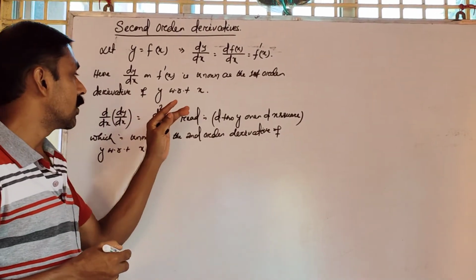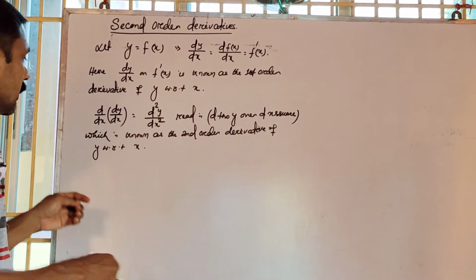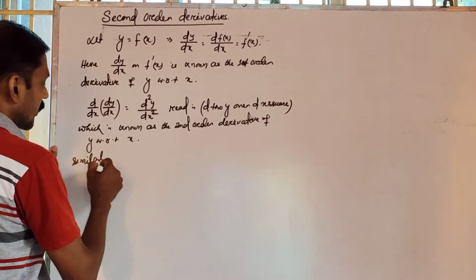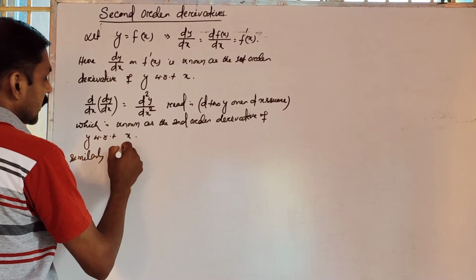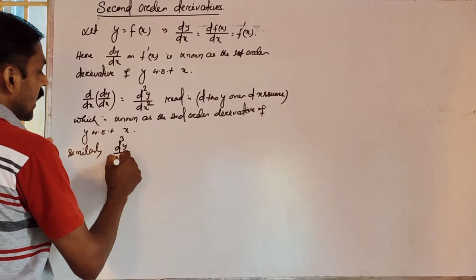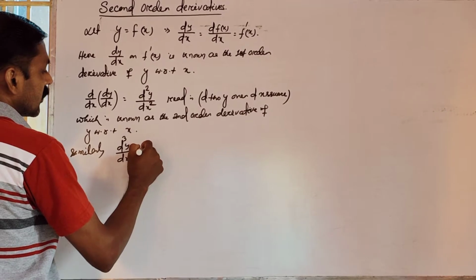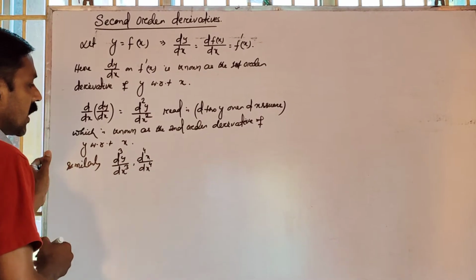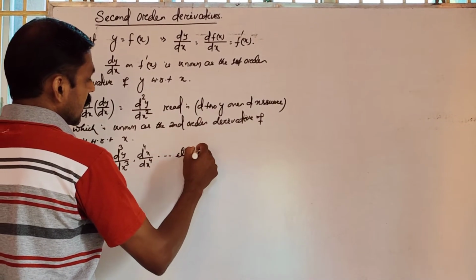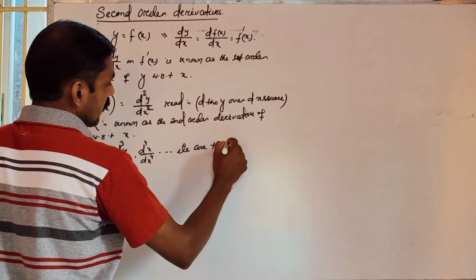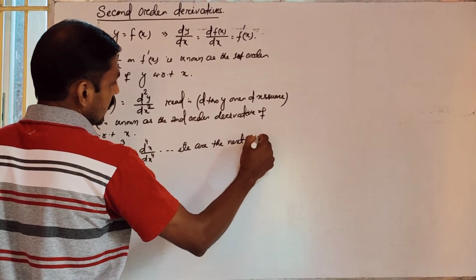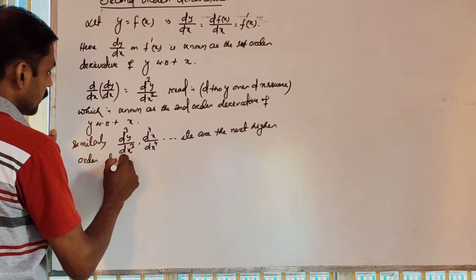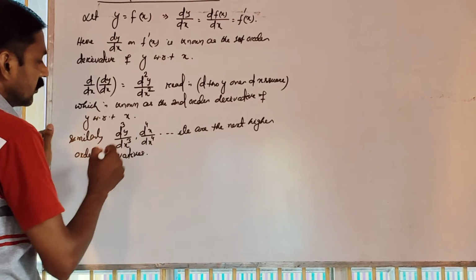Similarly, if you differentiate it again, you will get the third order derivative. Similarly, you can get d3y by dx cube, d4y by dx to the power 4, etc., the next higher order derivative.